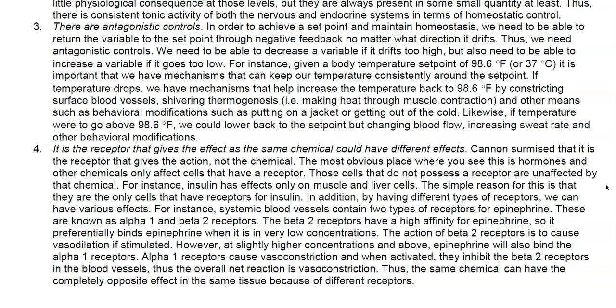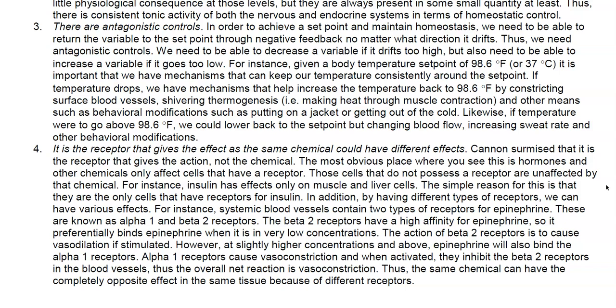There are a number of different examples, but if body temperature went up, you would have mechanisms to cool you down. If it went down, you would have mechanisms to bring you back. And so those are antagonistic control. Another common one would be the use of glucagon and insulin. Insulin decreases blood sugar. Glucagon antagonistically increases blood sugar. So there's many examples of antagonistic control.